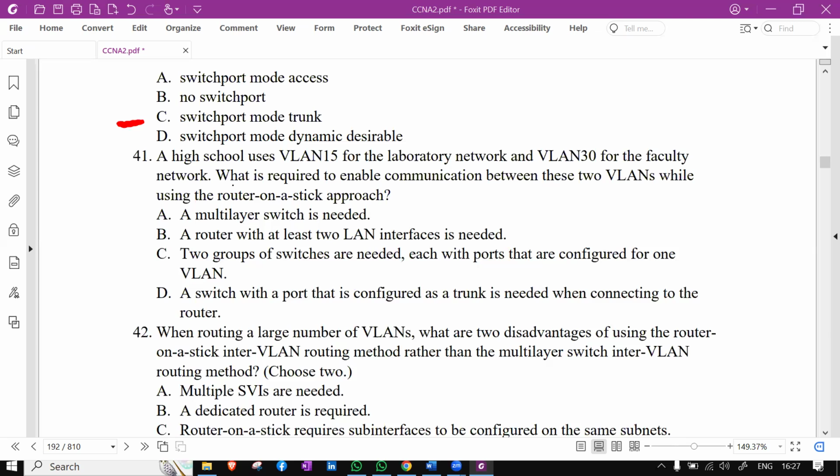A multilayer switch? No. A router with at least 2 LAN interfaces? No, this one is legacy. 2 groups of switches are needed, each with ports that are configured for 1 VLAN.